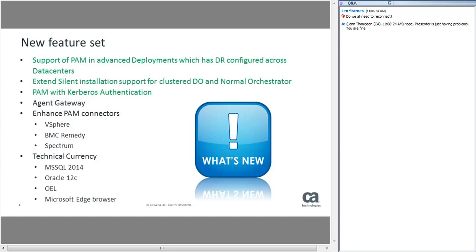So we wanted to extend our existing silent installation support to both clustered domain orchestrator nodes and also standalone normal orchestrator. What I mean is, you could use silent installation or a response file to install node 1 of the cluster, node 2 of the cluster, up until node 4, because we support a 4-node cluster.